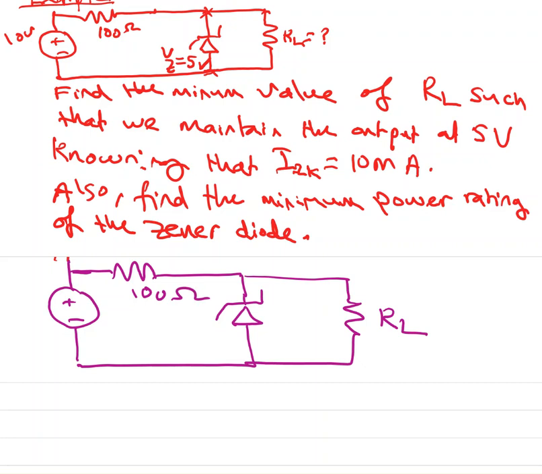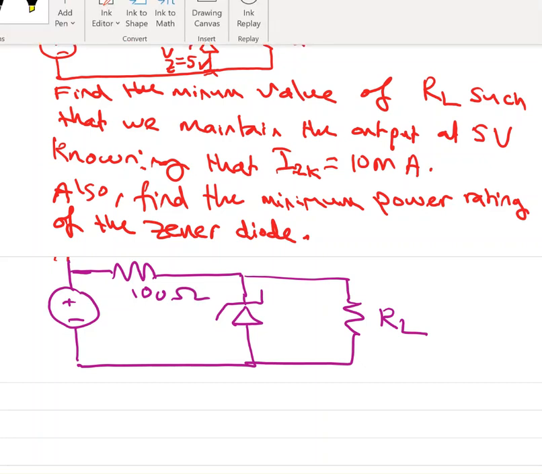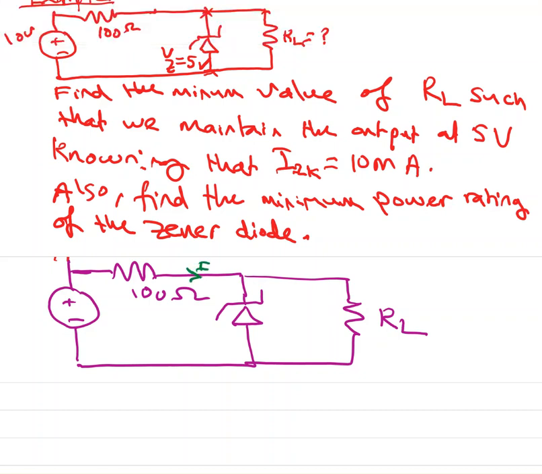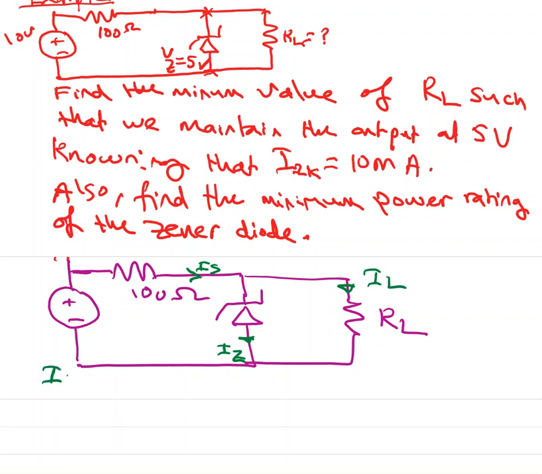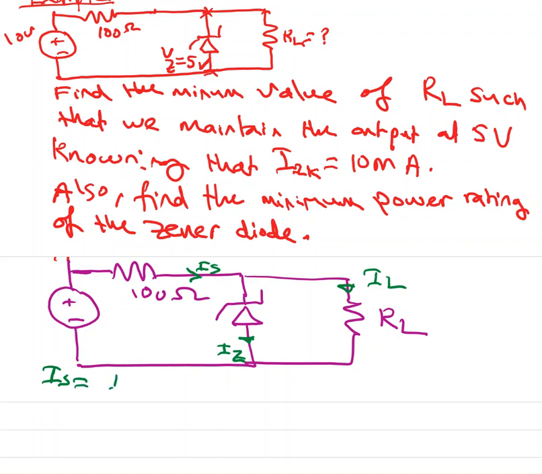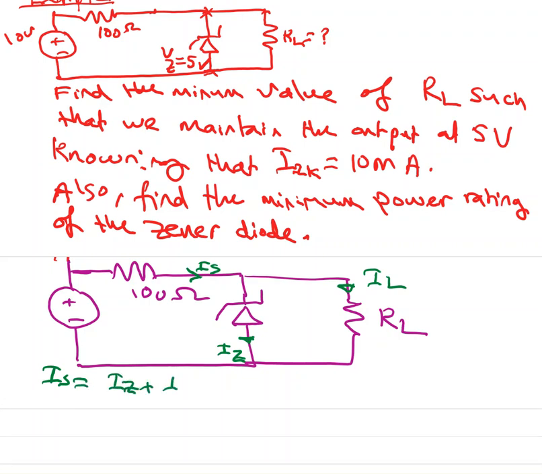Now the current can be designated as follows. I have current here, I will call it IS. Here I have I Zener, IZK, and here is I load. And I know that simply IS is equal to I Zener plus I load.